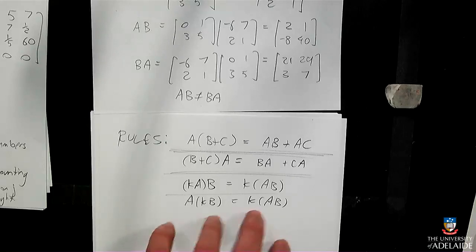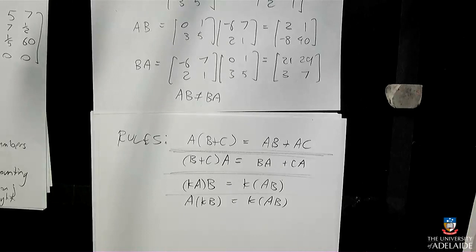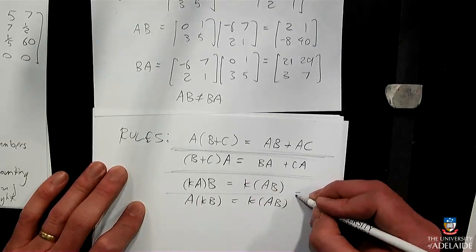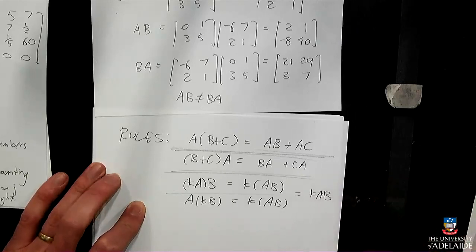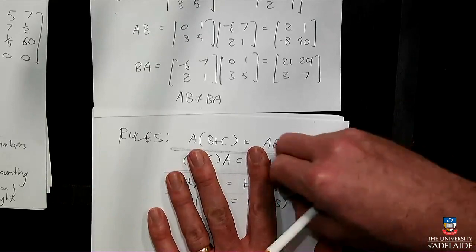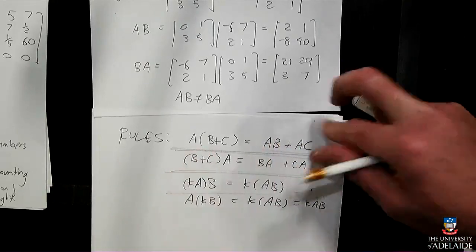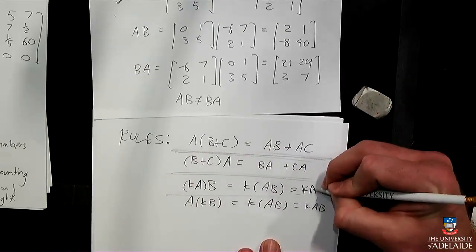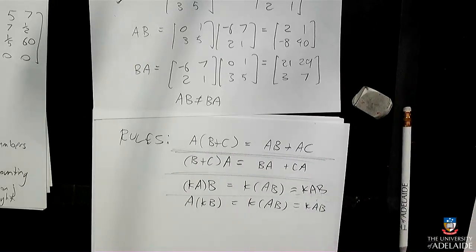This one's quite nice, actually. And that means that we don't normally put the brackets here. We just write it as, you know, KAB. Because it doesn't really matter what order you do those things in, it's okay to leave out brackets and that sort of thing.